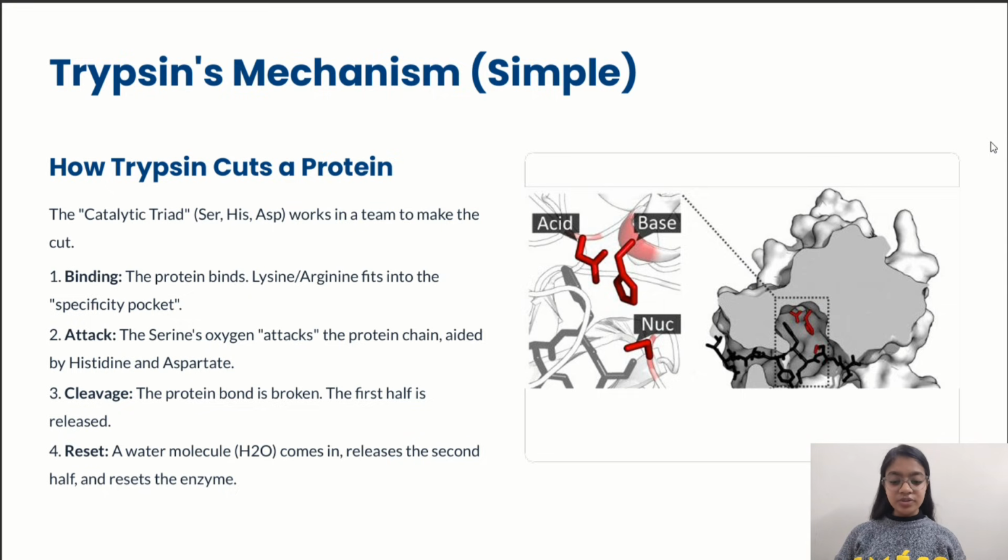Resetting the enzyme. Step 2. The enzyme is still holding the second half of the protein. Now, a water molecule from the surrounding environment enters the active site. And now histidine, the helper, steals a hydrogen atom from the water molecule, making the remaining hydroxide group highly reactive.